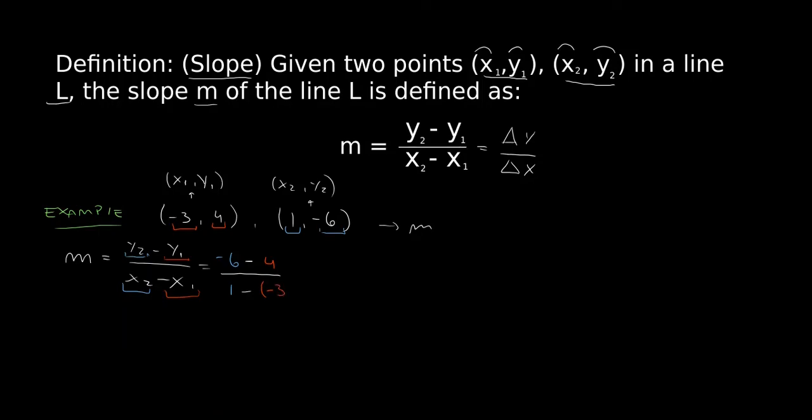So now we calculate this. We have minus 6 minus 4 is minus 10, and 1 plus 3 is 4. And this is minus 5 over 2.